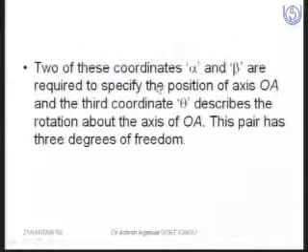So out of these 3 coordinates, alpha and beta are required to specify the position of axis OA, while the third coordinate theta describes the rotation about the axis. Therefore it has 3 degrees of freedom.